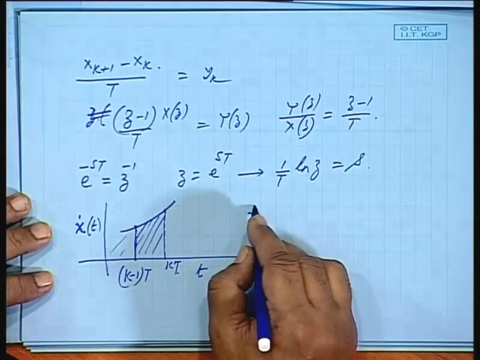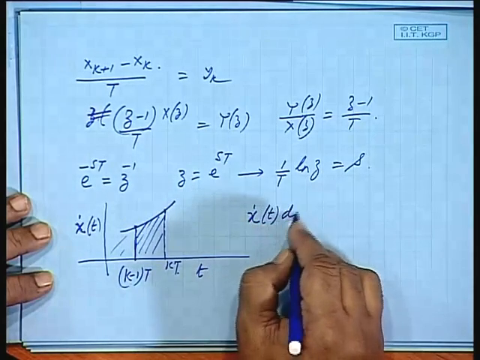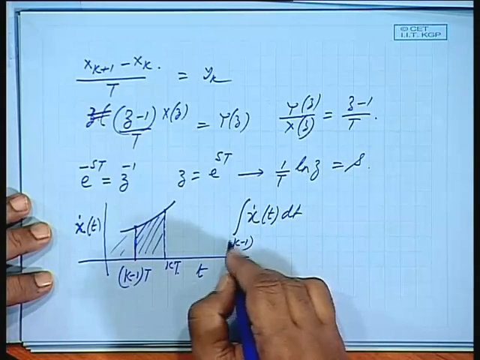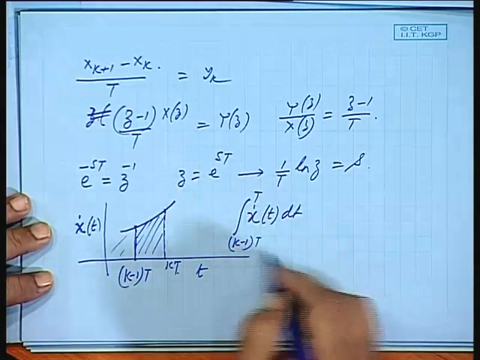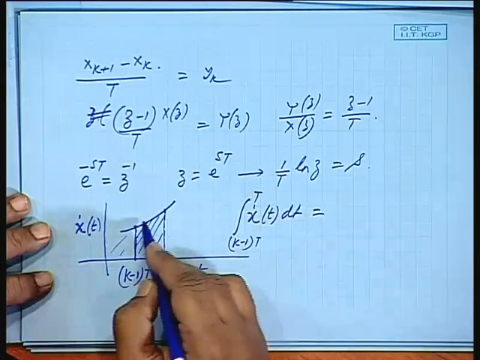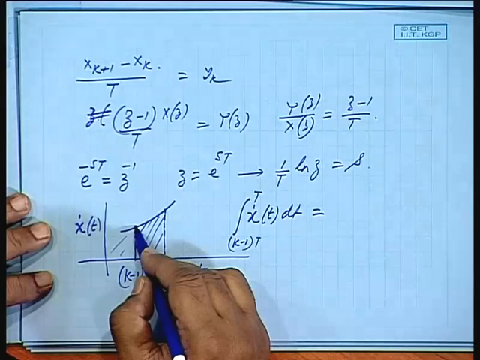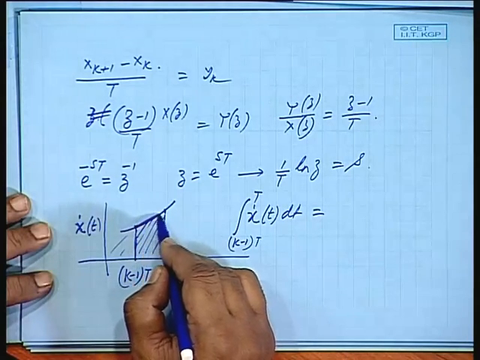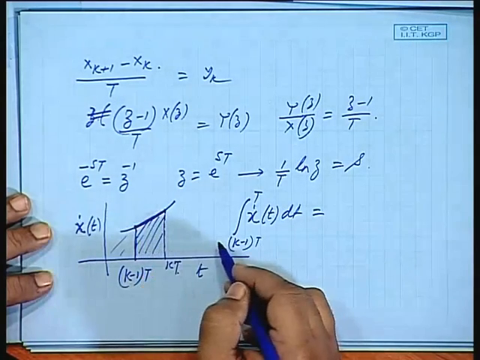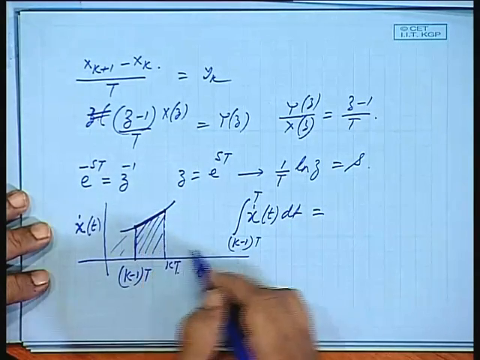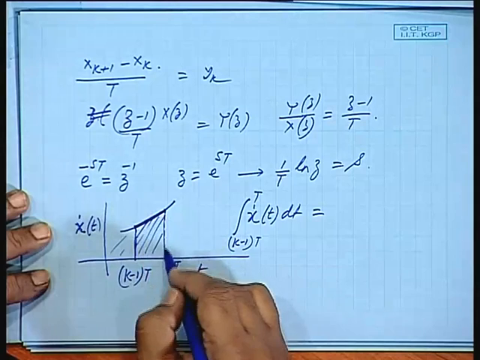So, that is the integral of x dot t dt integrated between (k minus 1)T to kT, this will be this area, and if we approximate it by a straight line here, this is a first order approximation. Okay. If I make a straight line approximation here, what is the area under this curve?